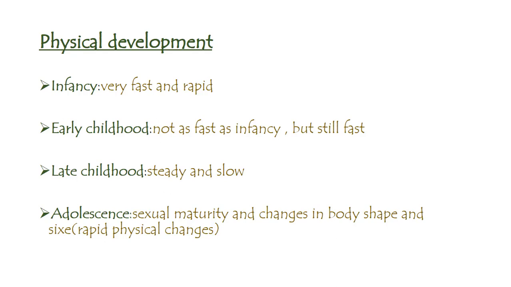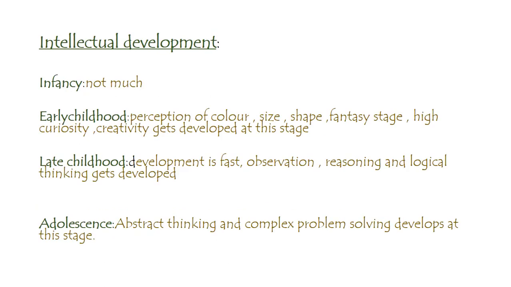In late childhood, the body development is somewhat steady and slow, not as rapid as infancy. When coming to adolescence, the body changes are again very rapid. The primary and secondary sexual characters appear here. That is about physical development.